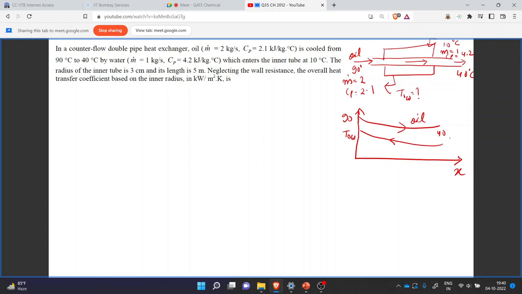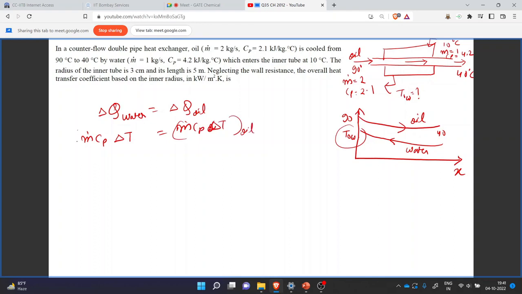Now the energy exchange between this hot fluid, that is oil, and water, we can equate to find this outlet temperature of the water. That is, we can write delta Q of water is equal to delta Q of oil, that is m dot Cp delta T. This is for oil, and this is for water.